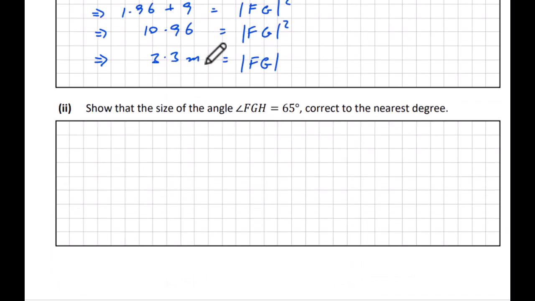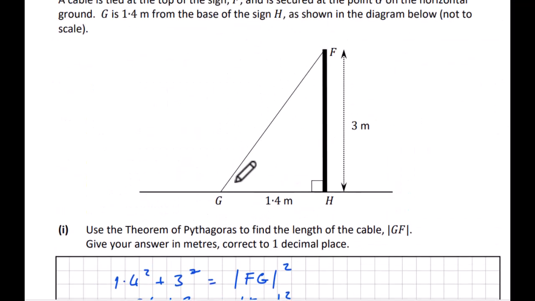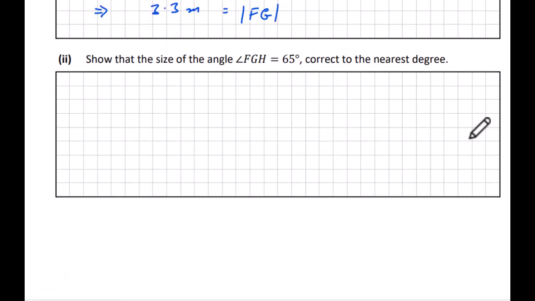Okay, so let's look at part 2. Show that the size of the angle FGH is 65 degrees to the nearest degree. So FGH is this angle here. We're going to get the tan of that angle, which is opposite over adjacent, which is 3 over 1.4. So the tan of the angle FGH is equal to 3 over 1.4.